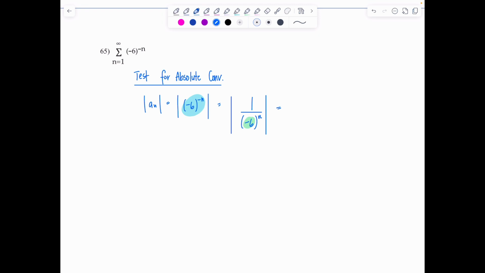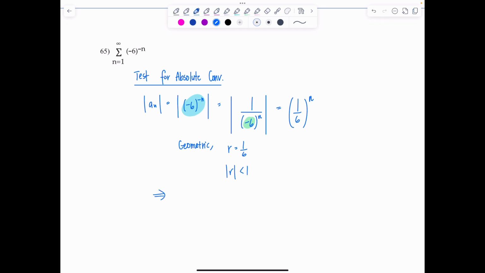Then when I make everything positive, now the -6 becomes a +6. So then this is just (1/6) all raised to the n. Oh, but wait a minute. These are the terms of a geometric series. Can you identify what r is? r is 1/6, and the absolute value of r is less than 1.